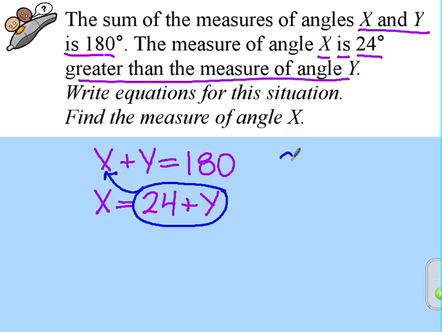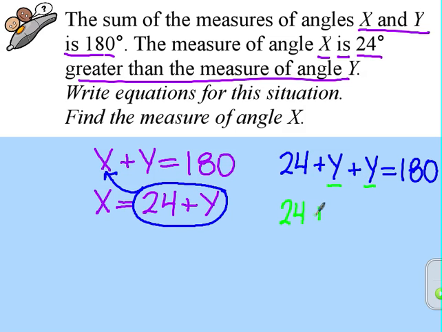So what do I have? I have 24 plus y plus y equals 180. What is y plus y? 2y. Okay. So what do you do now?